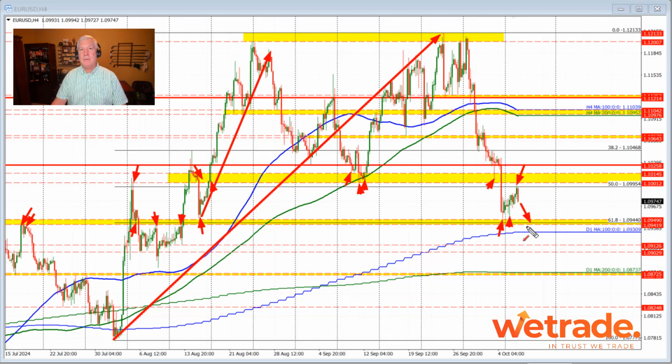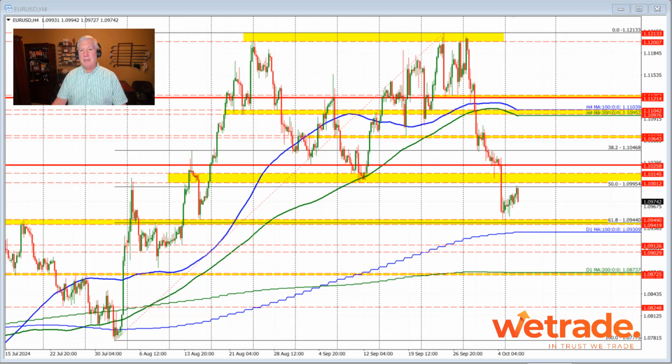But this area right here is still going to be key support, as is the 100-day moving average, which is moving closer and closer to that swing area toward that 61.8% retracement. So the battle goes on between resistance up here, support down here. We'll see how all that pans out, but the buyers and sellers are having a fight at the moment.